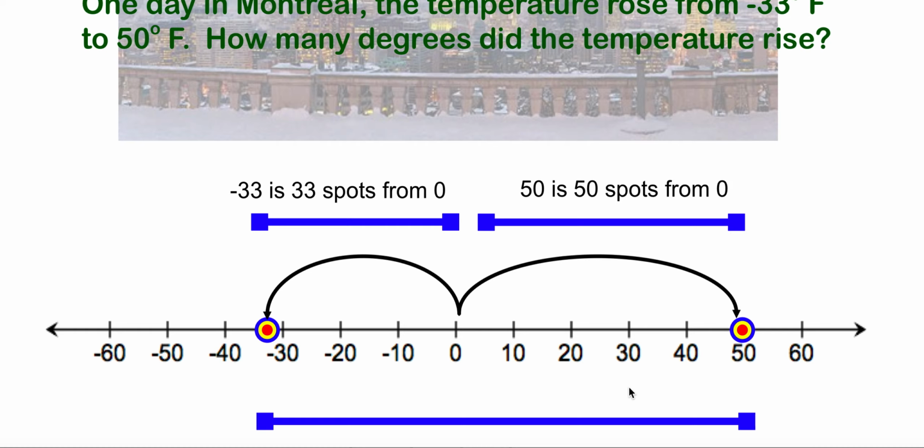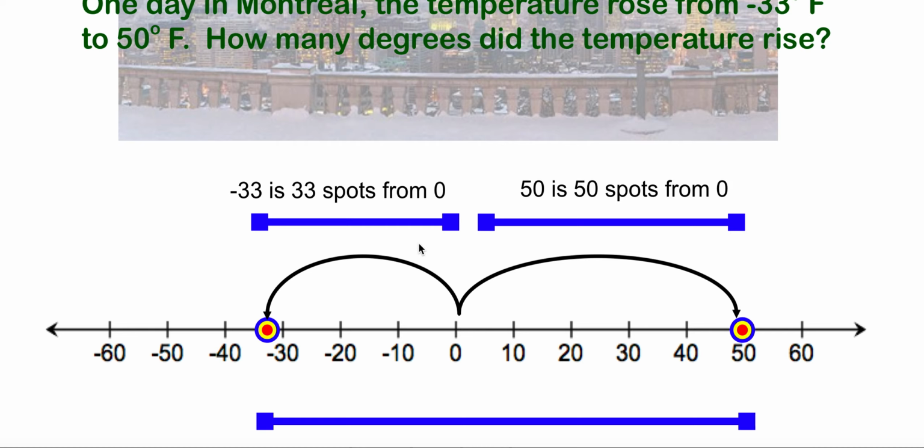Think about how we find the distance from negative 33 to 50. We're talking only about the distance. You can pause the video for a second and think. Write your answer in your notebook.